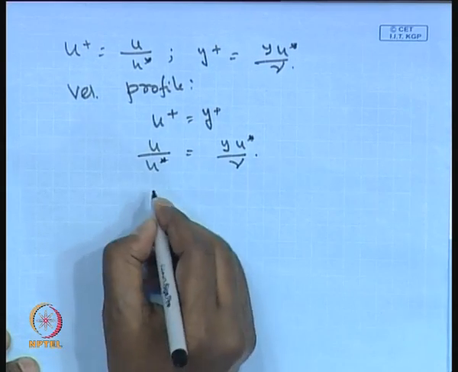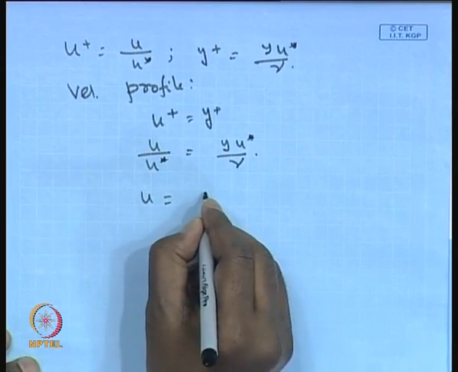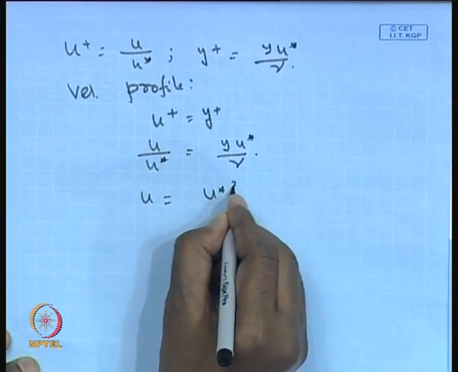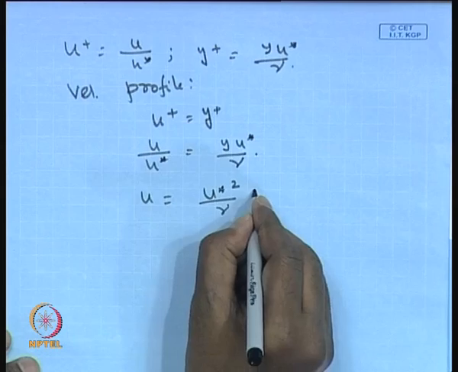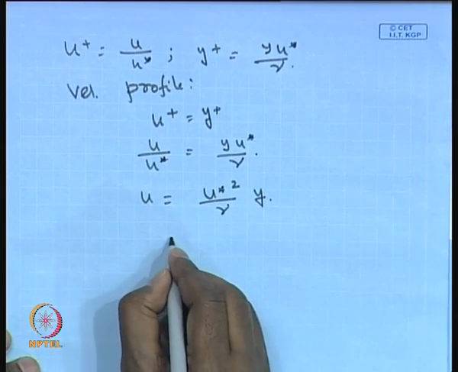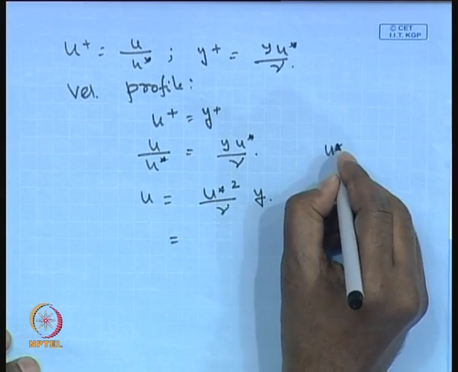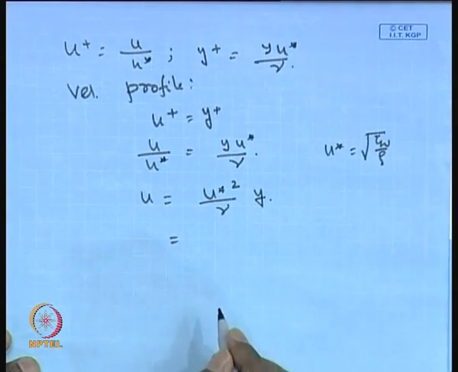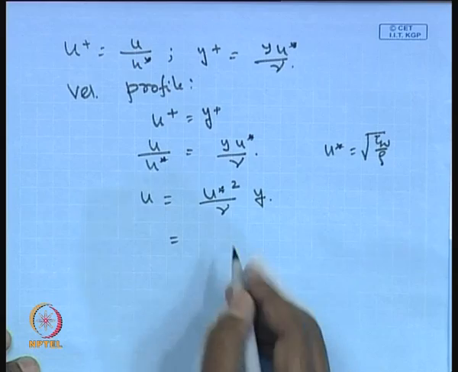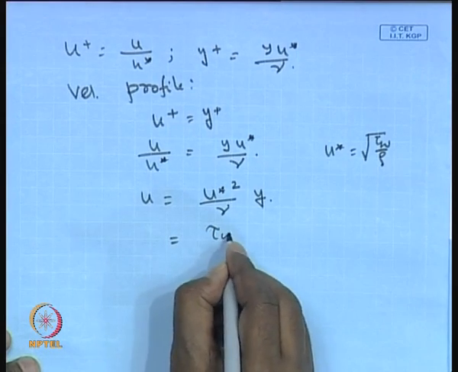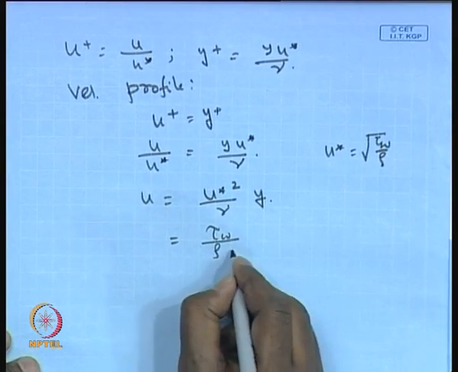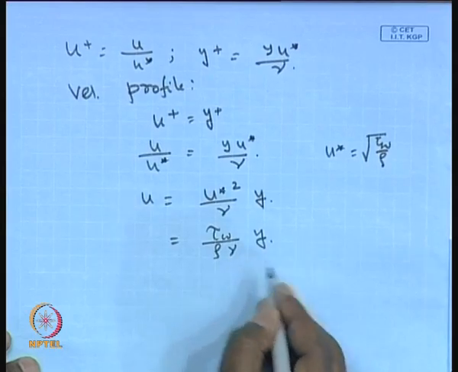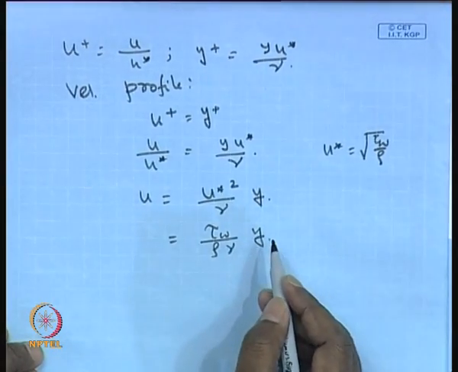So, it becomes u is equal to u star square by nu multiplied by y, and if you remember, u star was under root tau w by rho. So, u star square will be tau w by rho, so it will be tau w by rho times nu multiplied by y.